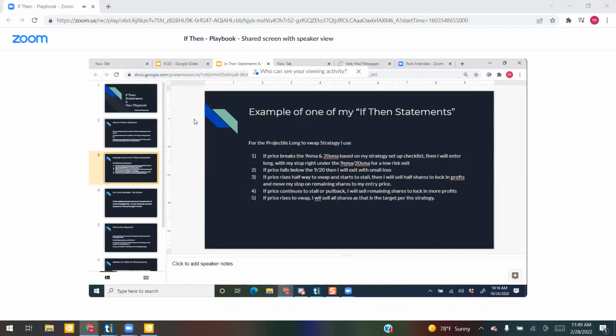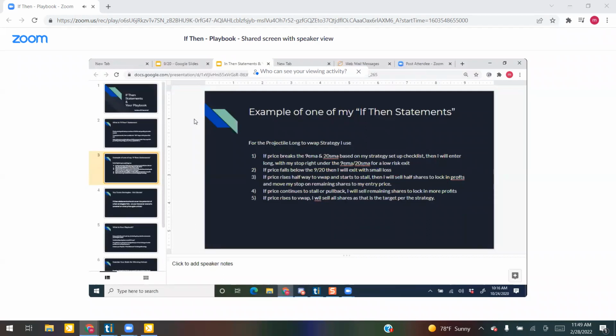So let's take an example of one of my if-then statements, because that might be a little bit easier for me to explain. Most of you in the room are very familiar with what we call the projectile long to VWAP strategy. I use it, Ray uses it, Greg uses it, several folks in the room use this strategy.